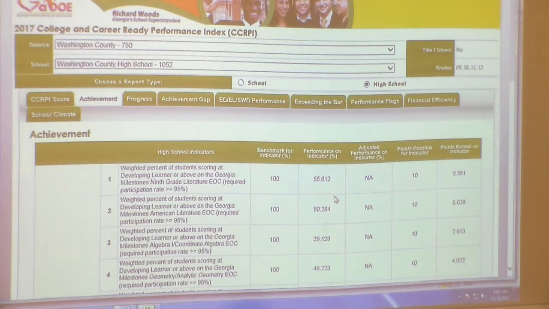It's our economically disadvantaged kids in our classes that are not achieving what we would like. American Lit is 50, Algebra 1 is 29.